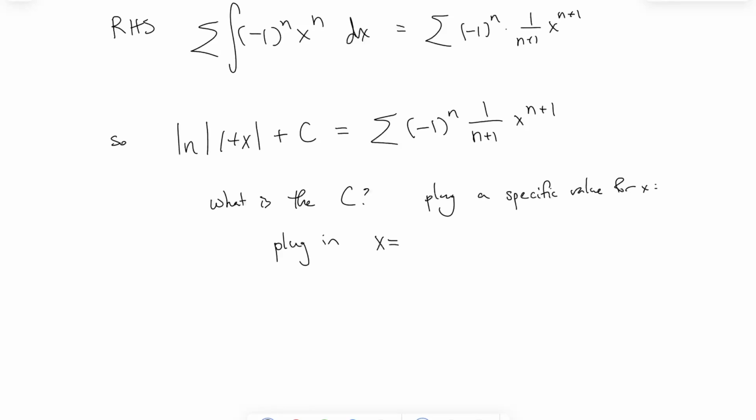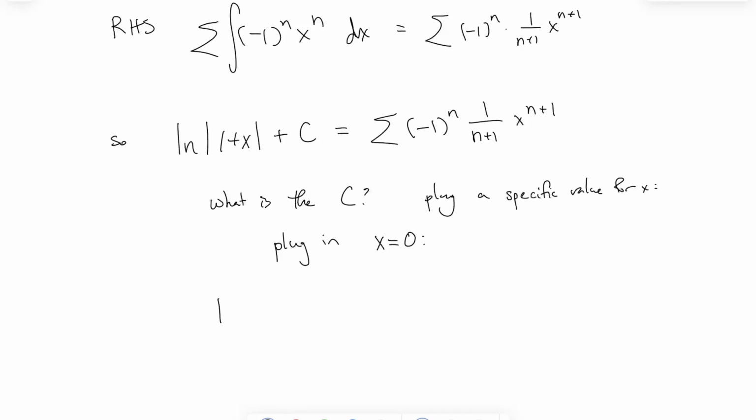Can anybody think of a number I could plug in for x where I would actually be able to calculate everything on either side? We can choose whatever value you want to plug in. What do you say? 0. Yeah, I'm always going to go for 0, unless sometimes plugging in 1 is easiest. I would say plugging in 0 is the easiest thing to do here. If I plug in x equals 0 on both sides, hopefully then c will be left over as a variable and we can solve for it.